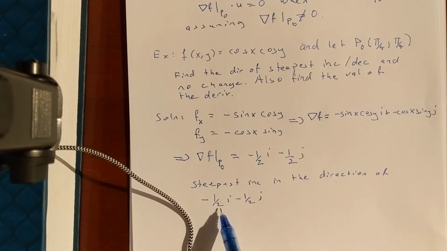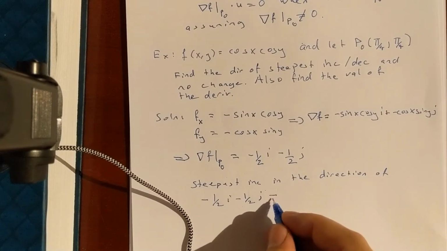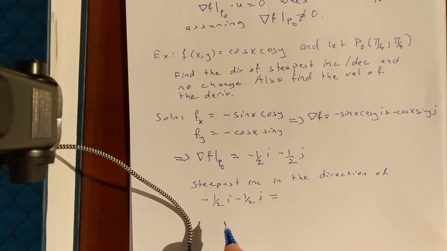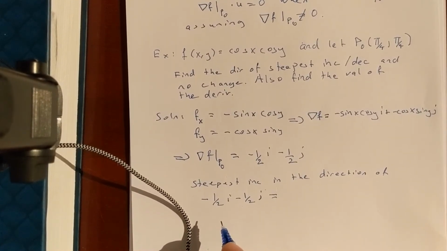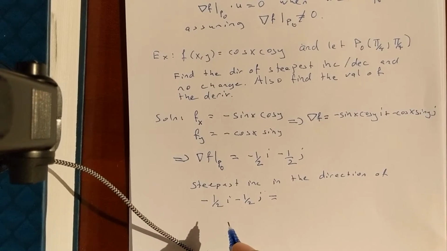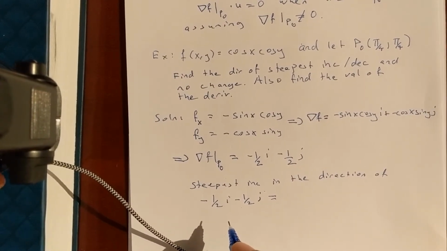This doesn't have length 1, right? So what we need to do is take this and divide it by its length.